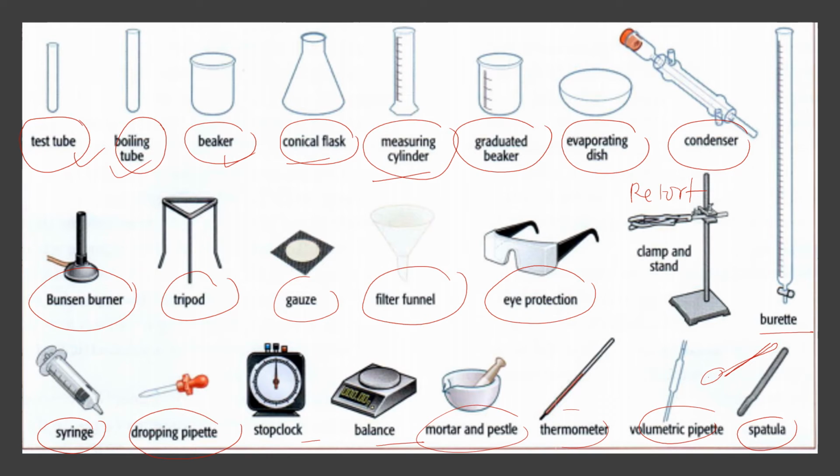Graduated beaker with some scale for holding or keeping liquid. Evaporating dish to evaporate something. And then condenser to condense steam. Burette for titration. Syringe for measuring the volume of gas.